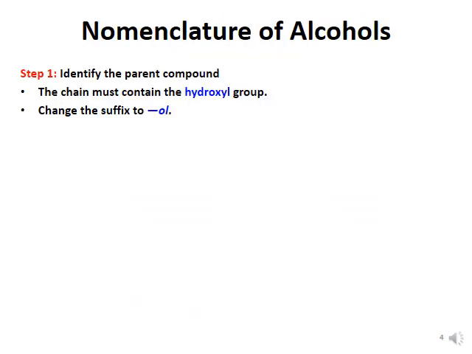Let's dive straight into naming of alcohols. So whenever we're dealing with alcohols and we want to name them correctly, we do the same thing that we always do. Parent compound identification. The parent has to contain the hydroxyl group, and then you change the ending. Instead of pentane, or -ane, you change it to -ol.